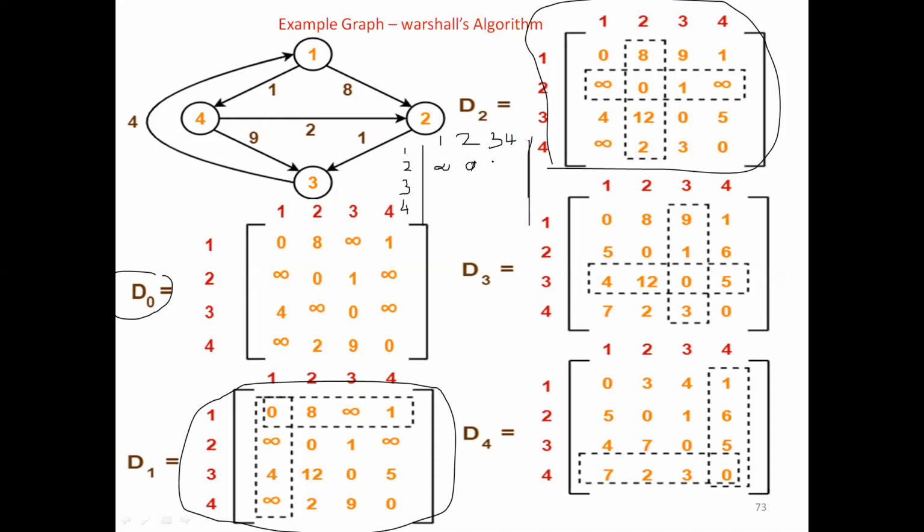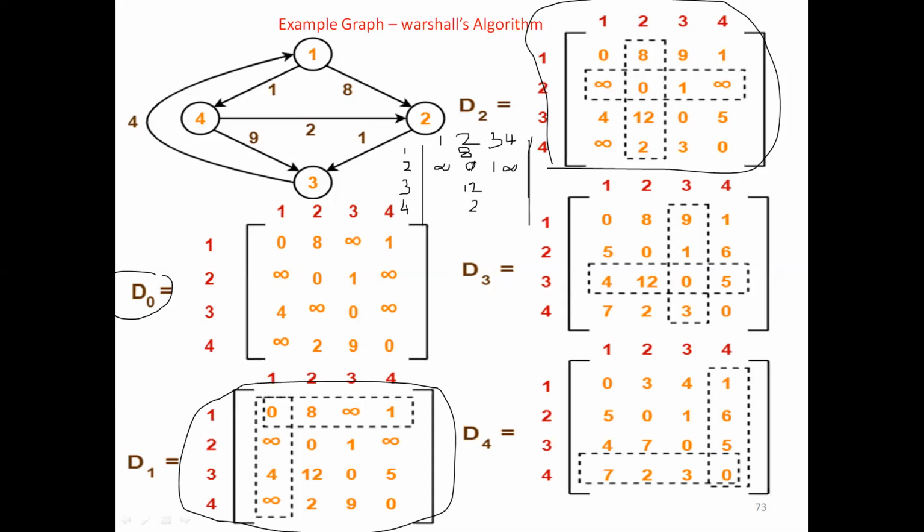Second row: infinity, 0, 1, infinity. Then the second column stays as it is: 8, 0, 12, 2. These are the inputs we got from D1.